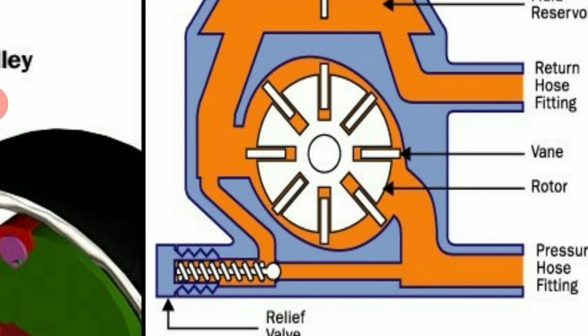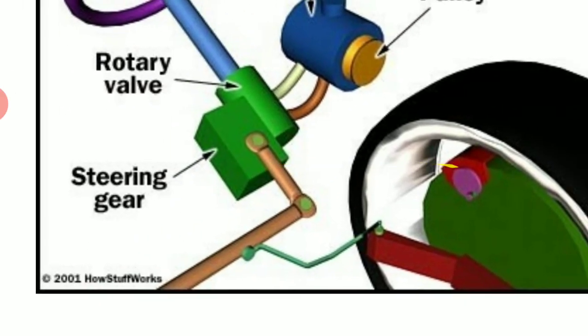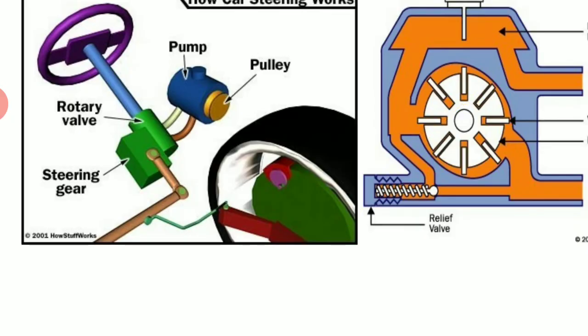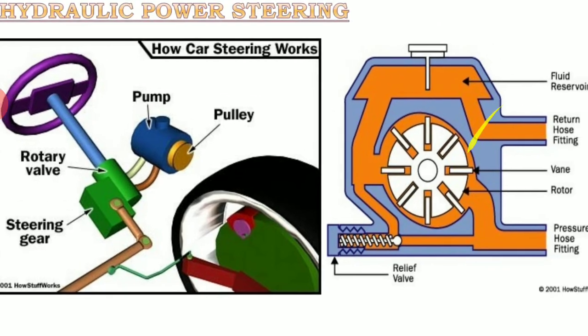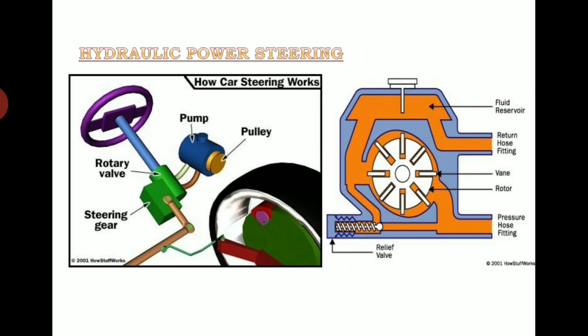Only when maximum pressure is developed does it automatically actuate. Then it enters the steering gears, where the pressure is developed. This is one type of hydraulic power steering.